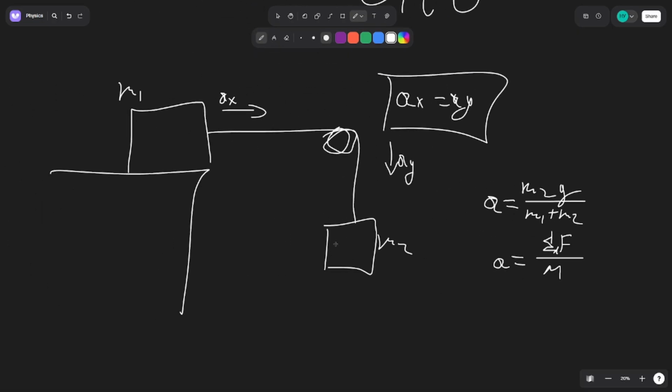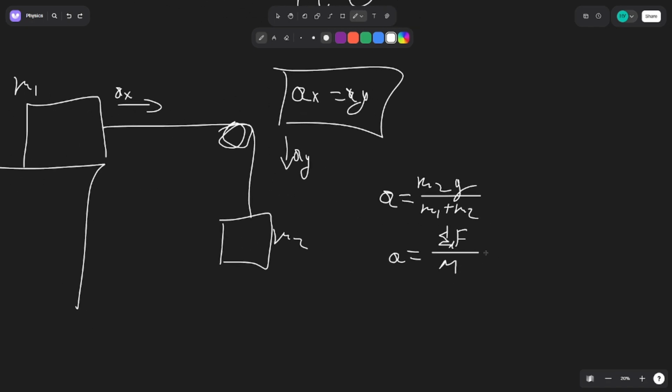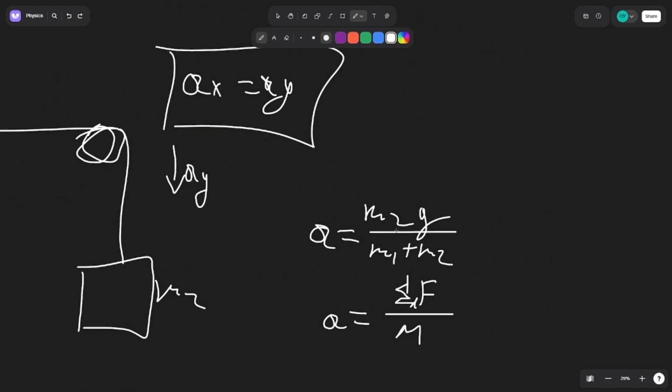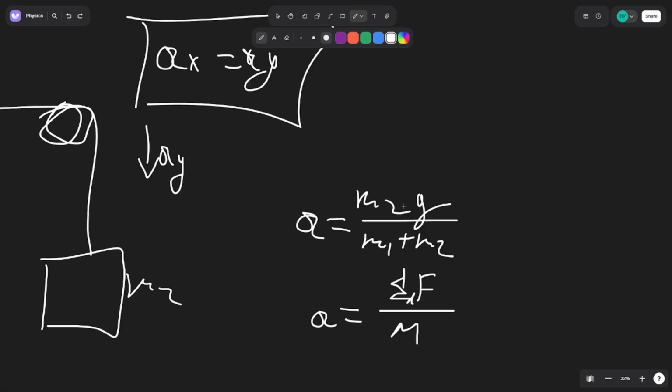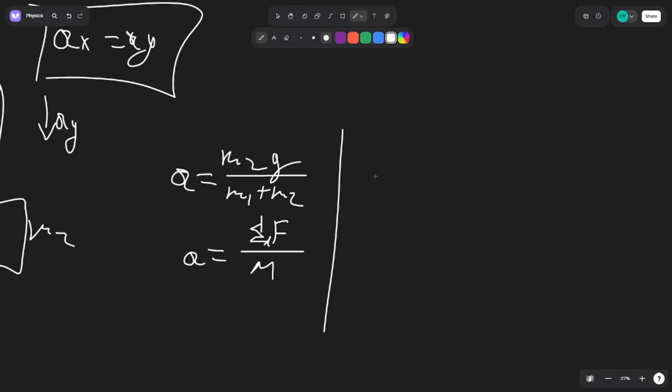This is basically the same thing, because in our case, all the forces applied on this system is just weight divided by total mass. It's really easy. And just to know, net force is still ma.